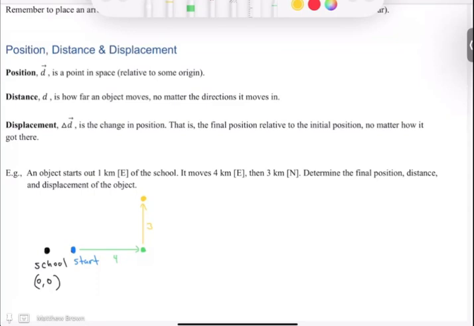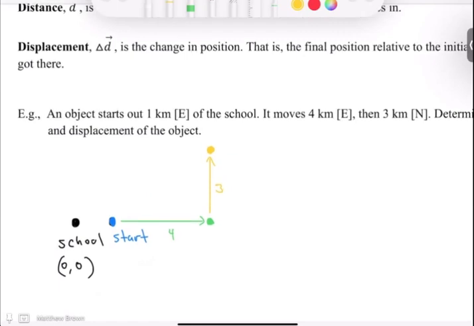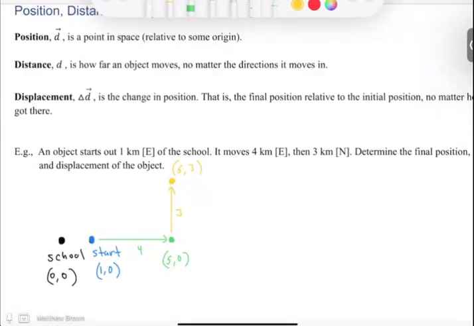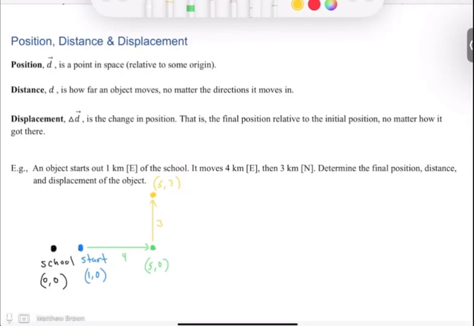We could assign numbers to these positions using a coordinate system. So it starts out at 1, 0, the x would be 1. And then it goes to this point here, which would be 5, 0. And then it goes up 3, so it would end up at 5, 3. So first we wanted to figure out its final position.